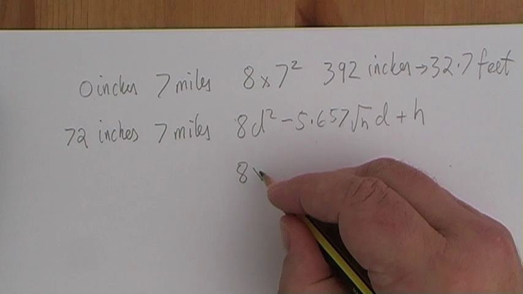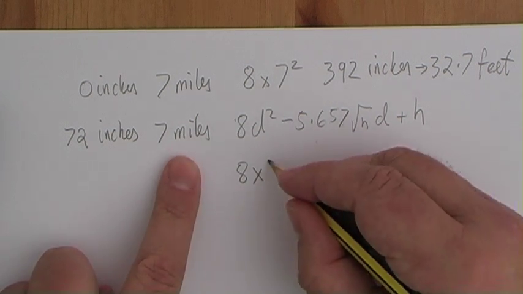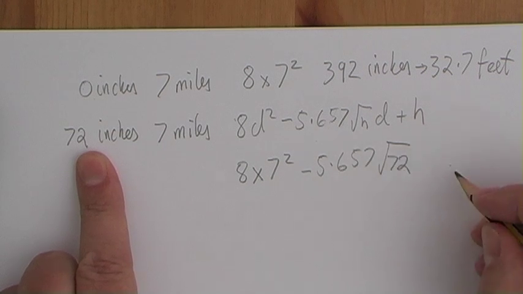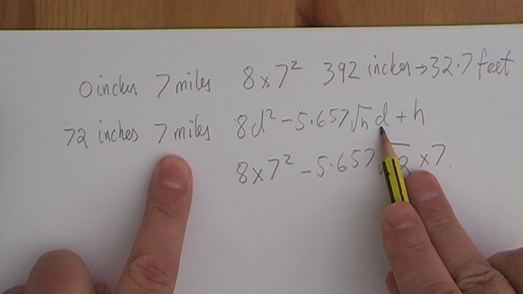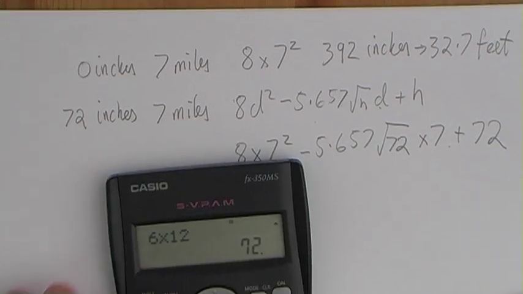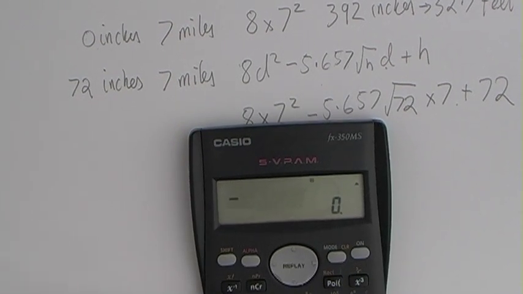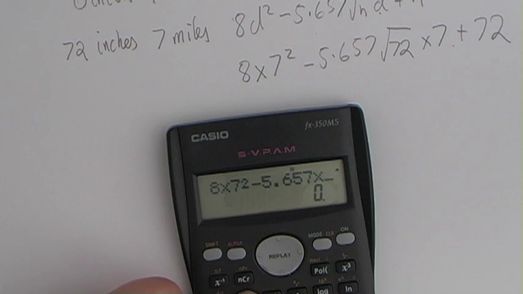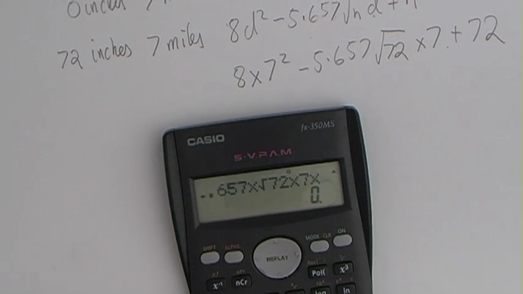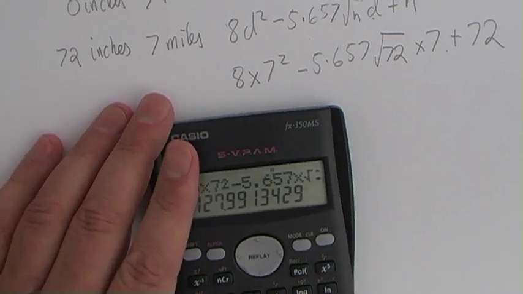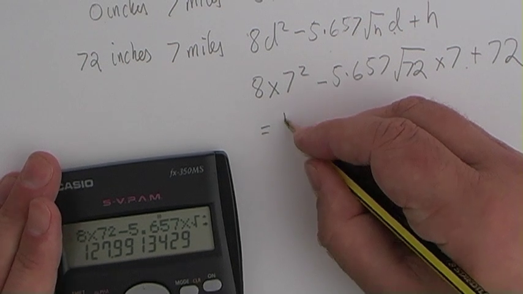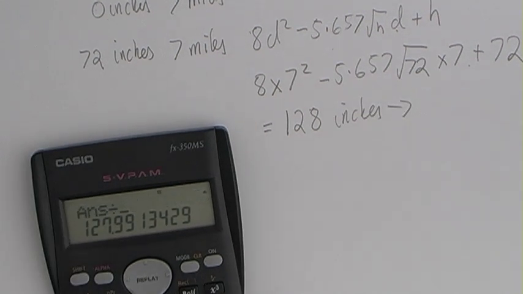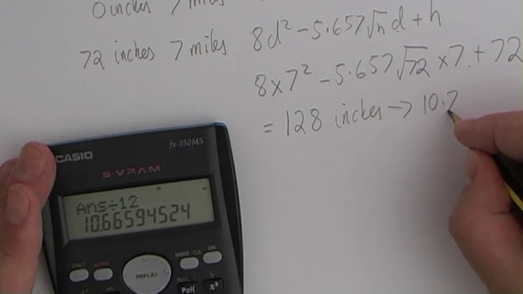So that gives you 8 times 7 squared minus 5.657 times the square root of 72, remember it's in inches, times 7 plus 72, which gives you 128 inches, which divided by 12 is 10.7 feet.